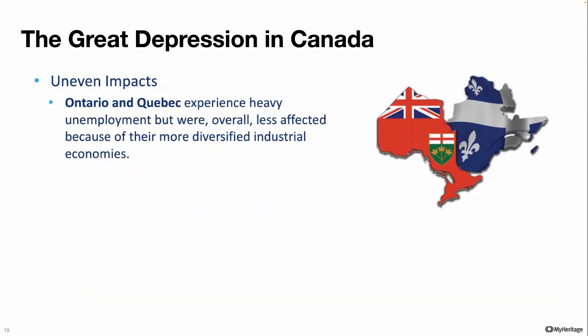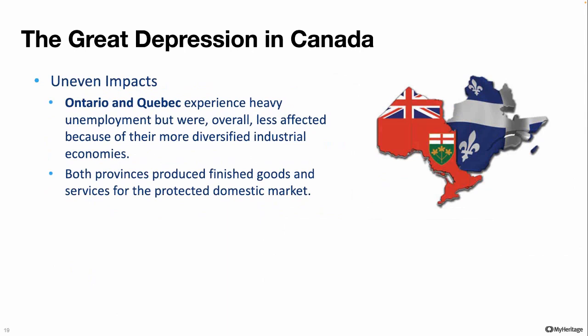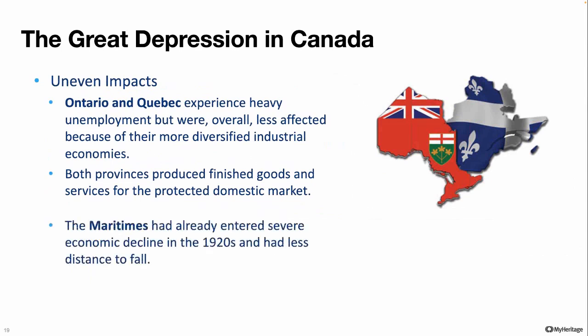It also had uneven impacts. Ontario and Quebec experienced heavy unemployment, but were overall less affected because of their more diversified economies, as both of these provinces produced finished goods and services, further protected by the tariffs for the domestic market.